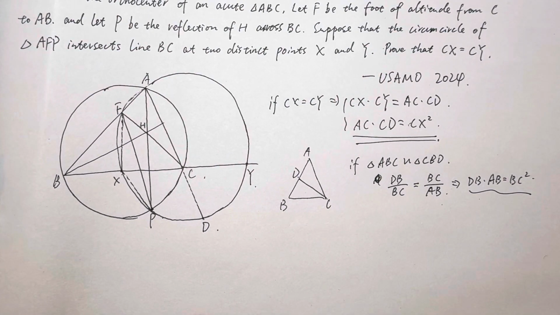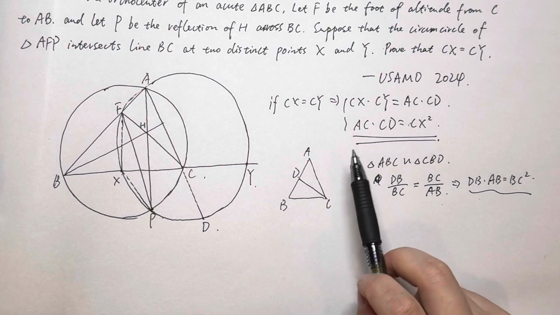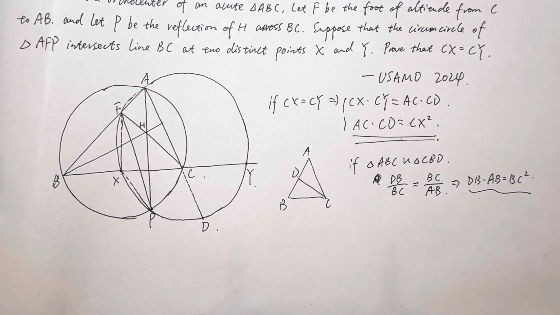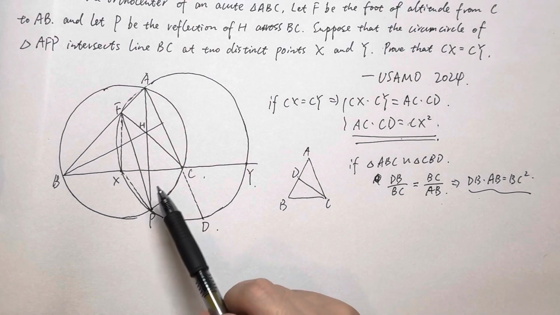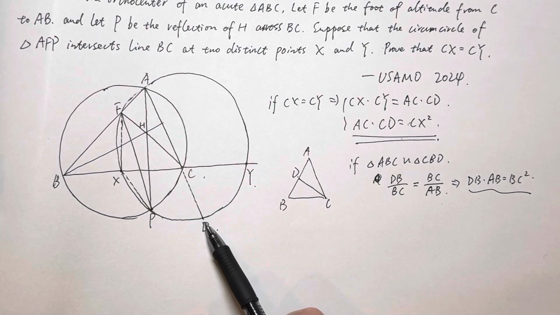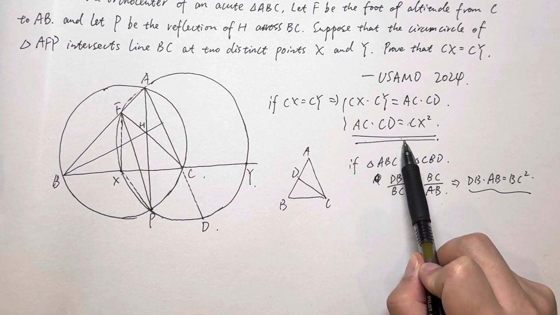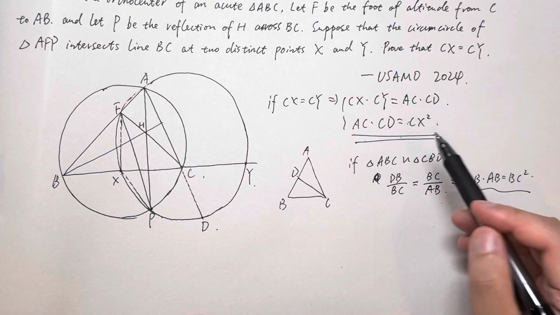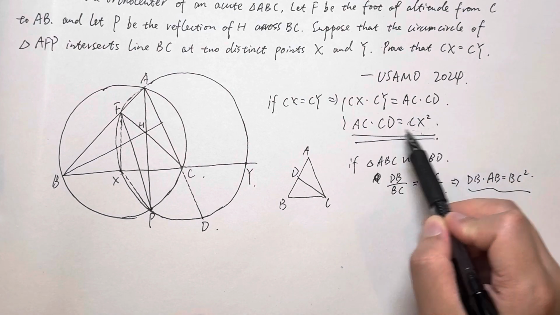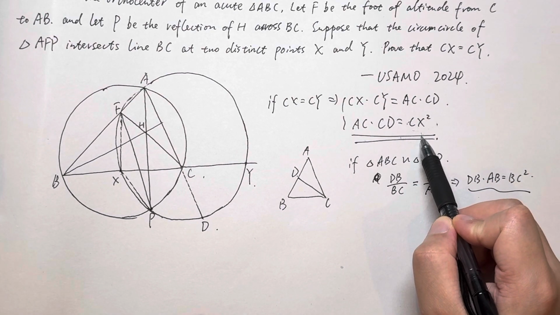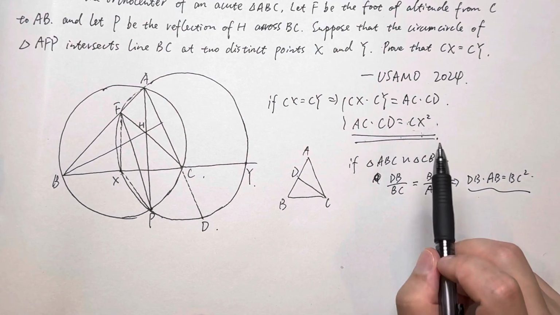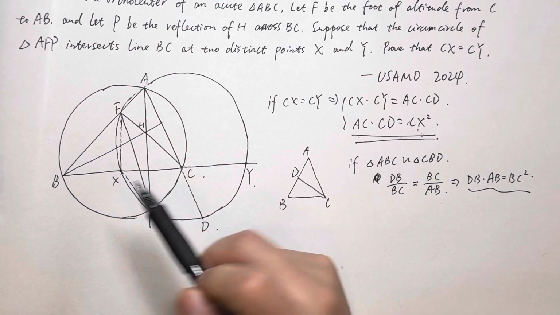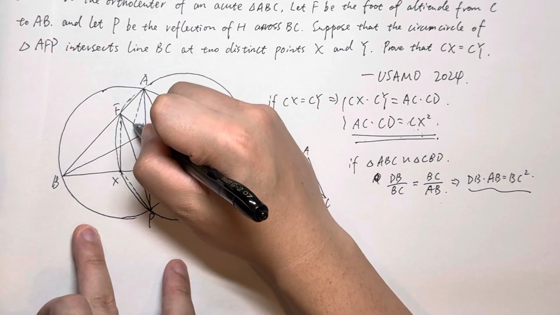which means we want to find the two triangles. Remember that we want to prove this one, right? If we can find two triangles that have AC and CD and they are similar, then we can have this equation directly, right? Which means we need to find the triangle that includes the CX and AC, and we already get one triangle here.